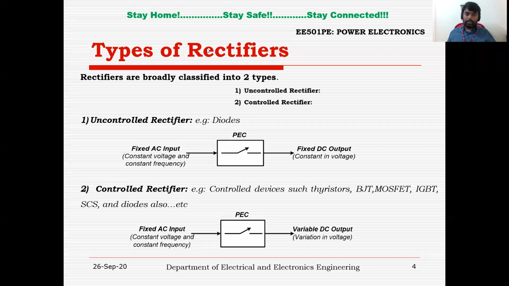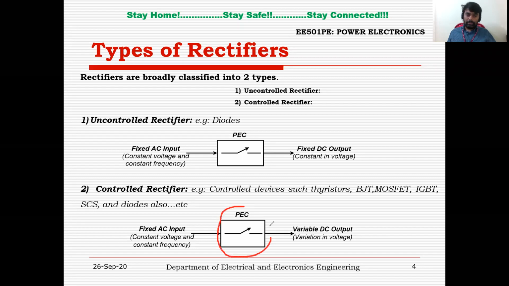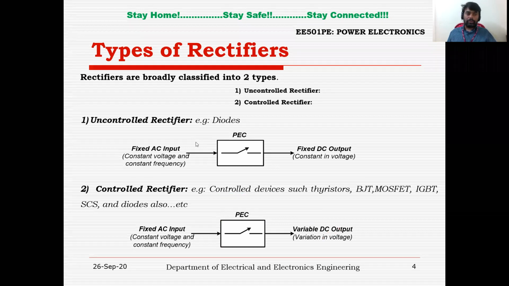Here you can see the block diagram, the configuration. This is our power electronic converter block, which will perform the AC to DC conversion. It is converting fixed AC to a variable DC, or controllable DC, you can say. This controllable DC is possible by using the control elements inside this block. Okay, so this is about the controlled rectifier.